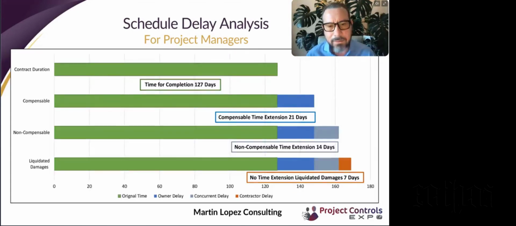So these are two different ways, retrospective analysis and prospective analysis, that can be done on a project to determine delays and help you navigate through the project when you have delays.